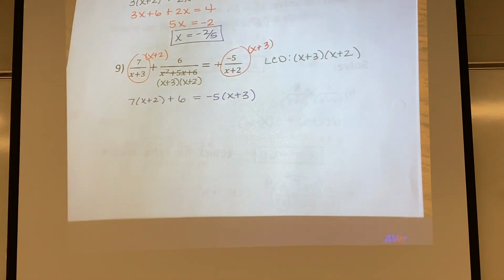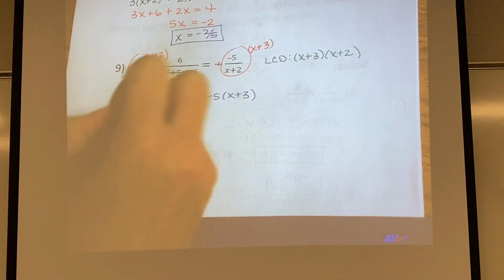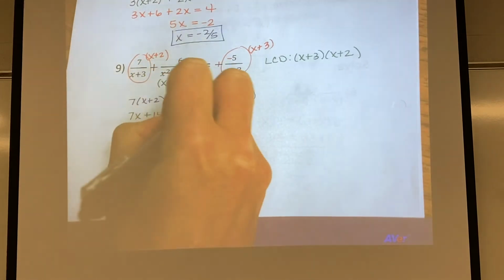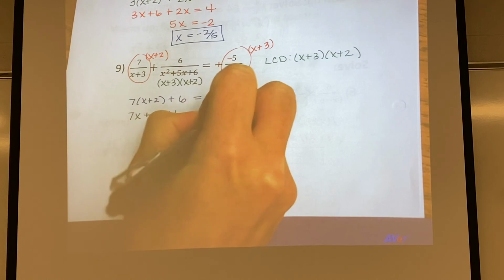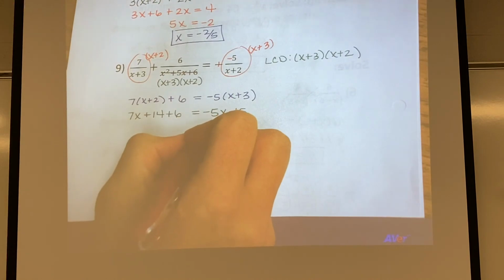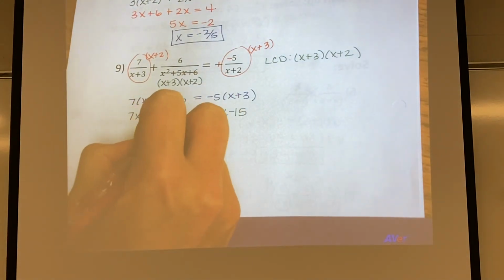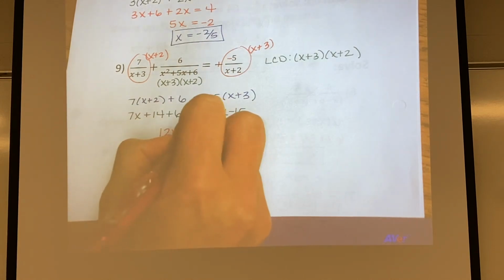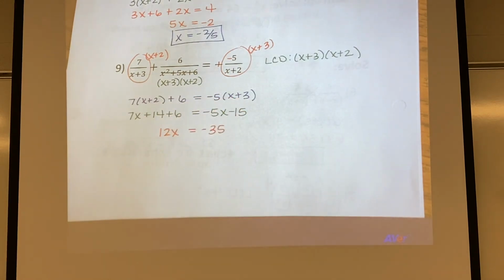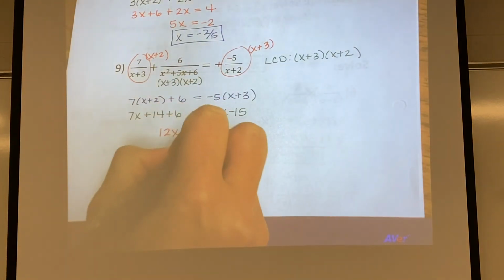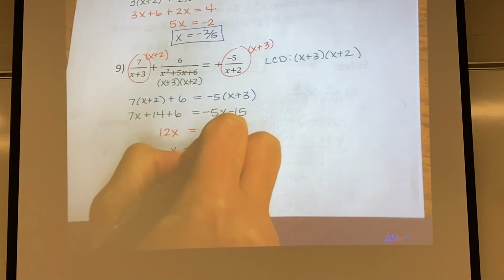So we're just going to distribute and combine like terms. 7x plus 14 plus 6 equals negative 5x minus 15. If we add this 5x over here, we get 12x. We take the 20 and subtract it over there, we get negative 35. So then we divide both sides by 12, and x is negative 35/12.